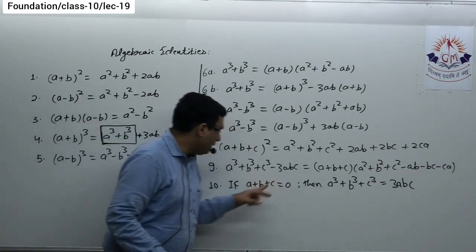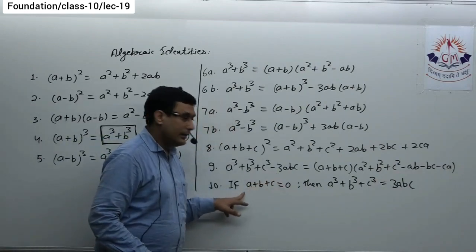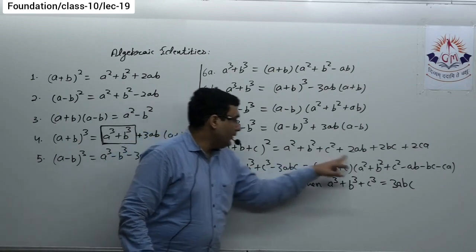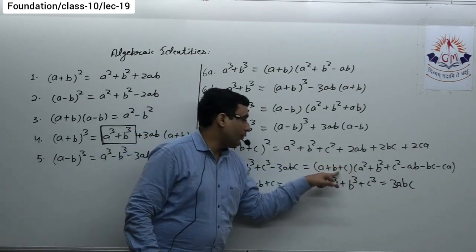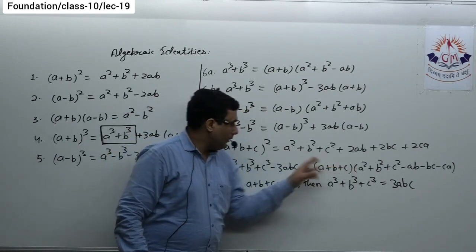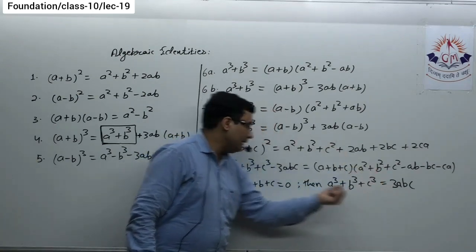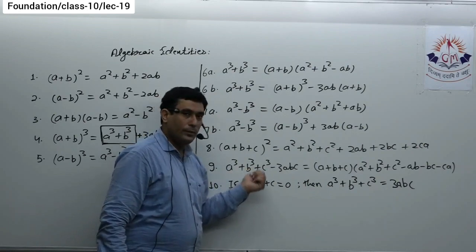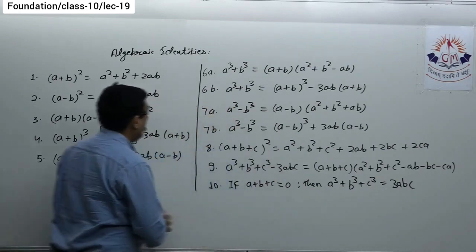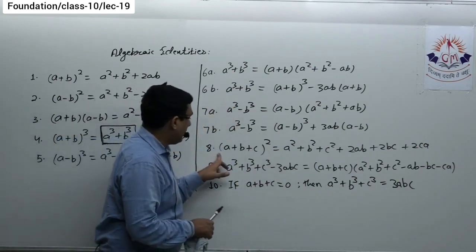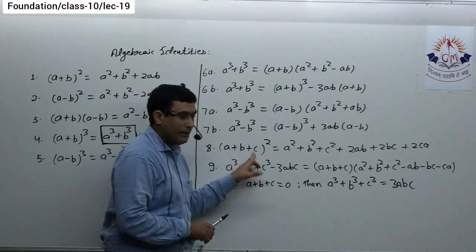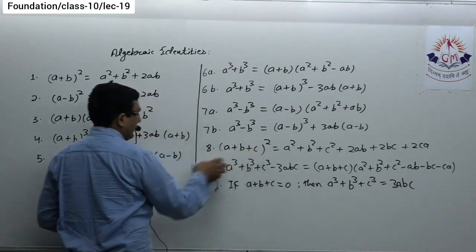Now based on this we have identity number 10, the conditional identity. That means if the condition is that the sum of three quantities is 0, the right hand side becomes 0, so I can take this minus 3abc to that side, and I will get the value of a cube plus b cube plus c cube.